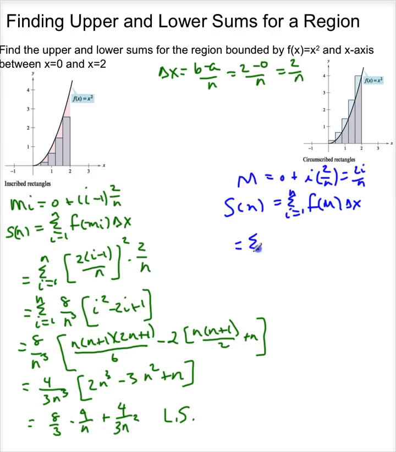Now f evaluated at big M is 2i over n squared, and delta x is 2 over n.